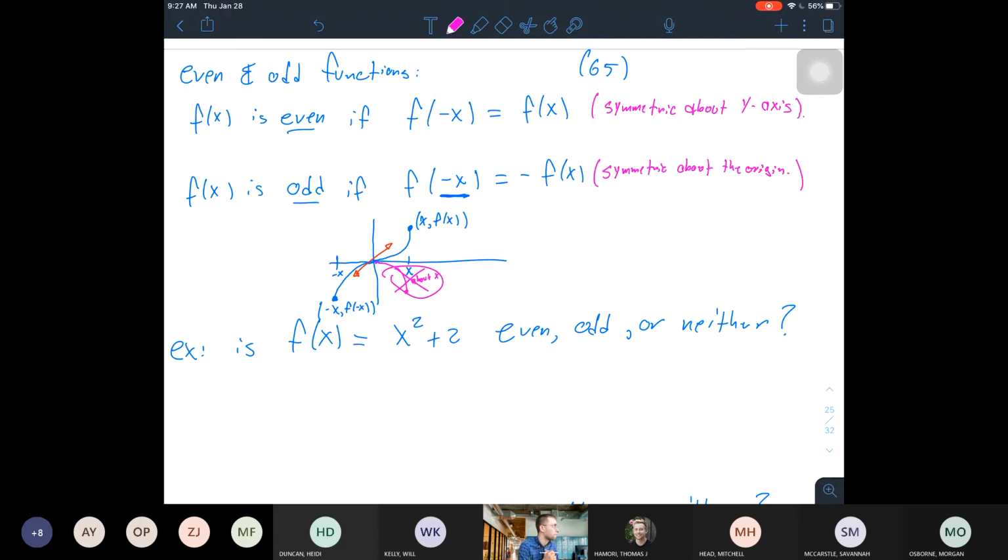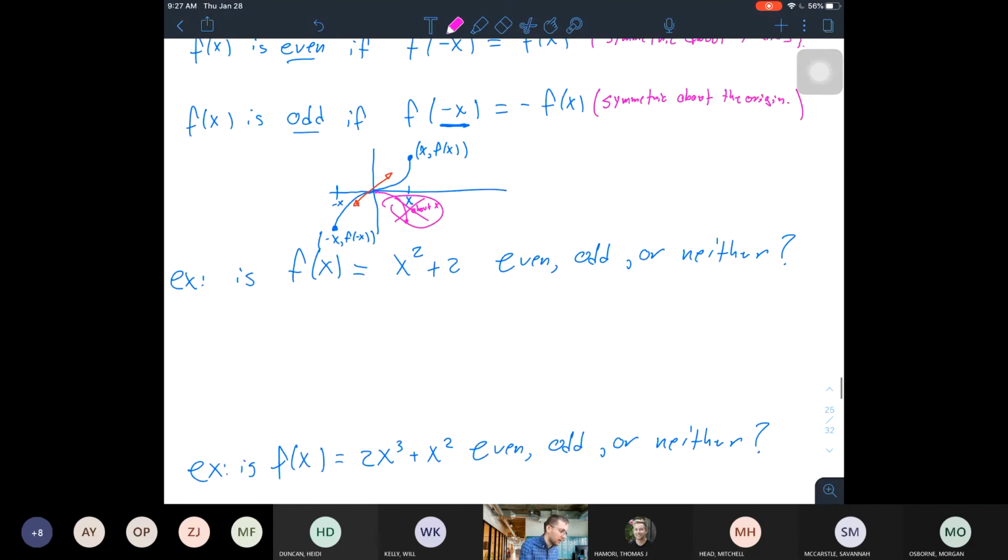I'll just leave it at the fact that even and odd functions are really important for calculus because they help us to compute things that we want to compute in calculus really easily. If we know that f of x is an even function or if f of x is an odd function, then it's super convenient to do calculus with those functions. So we like to learn those definitions here in pre-calculus so that when we get to calculus, it's a familiar concept. That's kind of the whole point of pre-calculus.